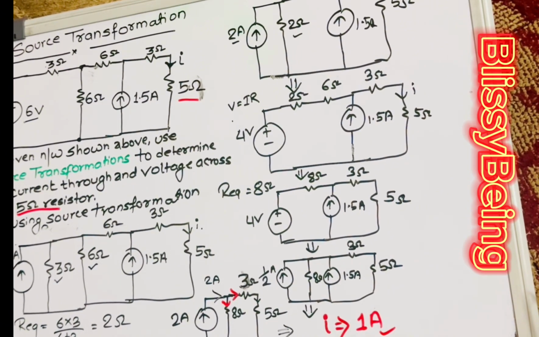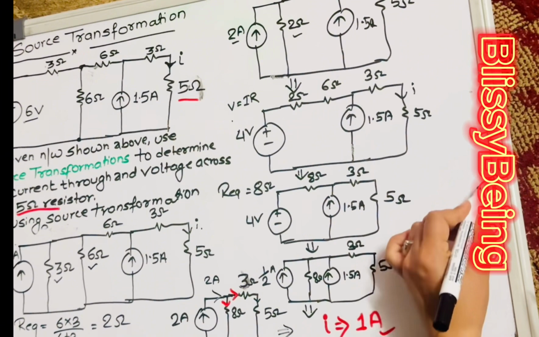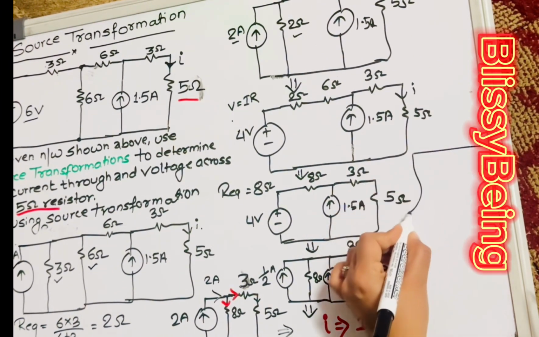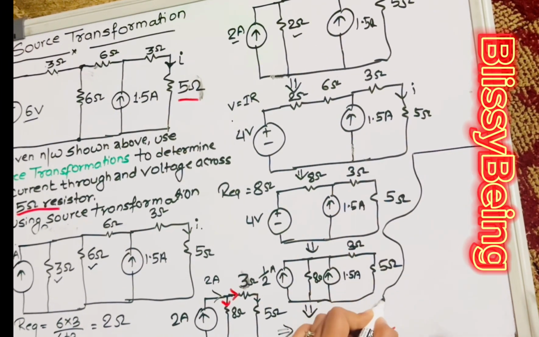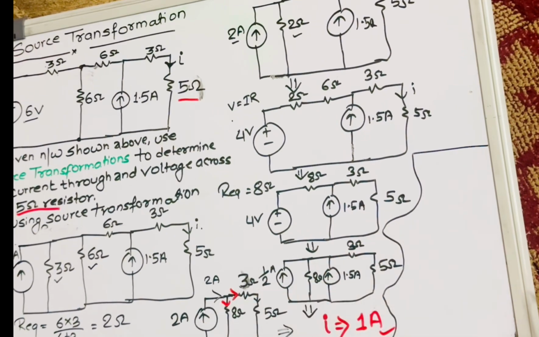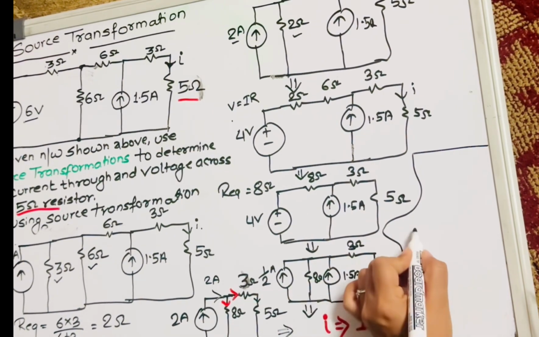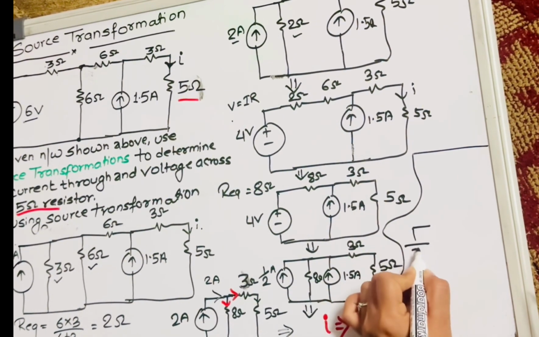So let's perform source conversion once again. I hope you have copied the question. Now let's draw this circuit and convert it into a voltage source, in this section. Okay, now while converting this resistor, we'll change it into a voltage source.